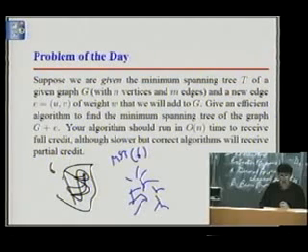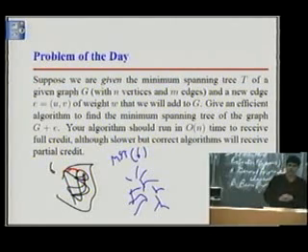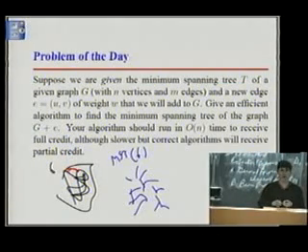Now I want to know what is the minimum spanning tree of the graph plus an edge. Adding that one edge to the graph is not going to cause any change to the spanning tree, except with respect to the cycle that it has there.